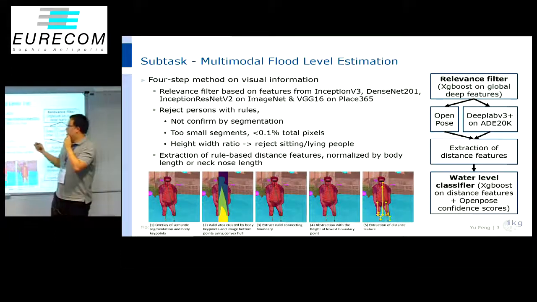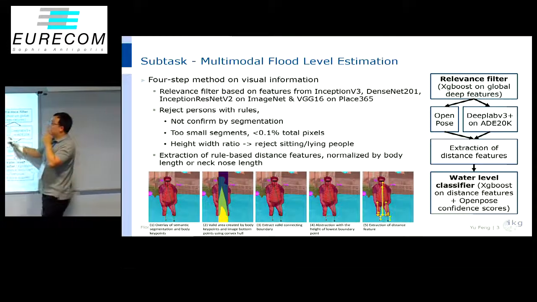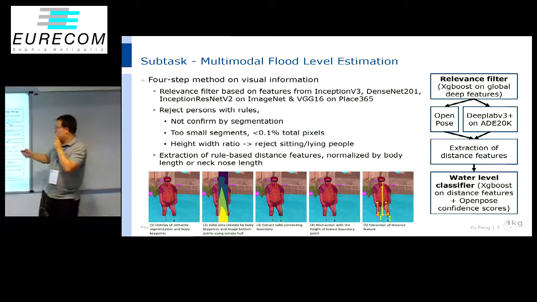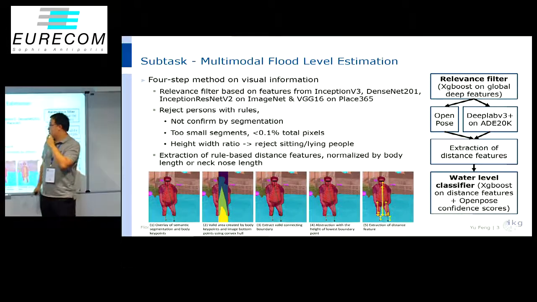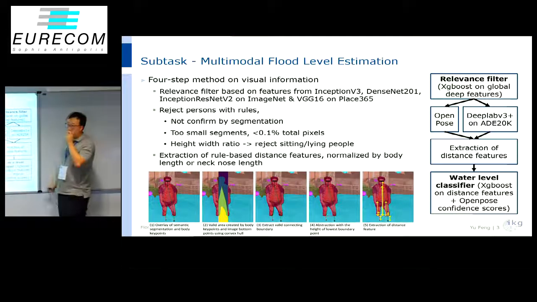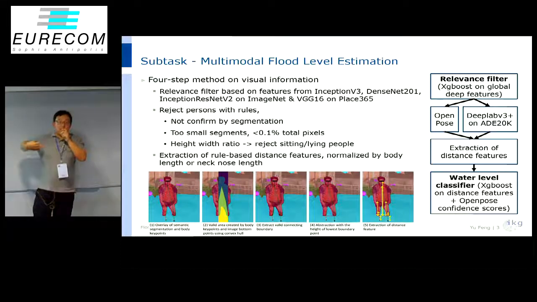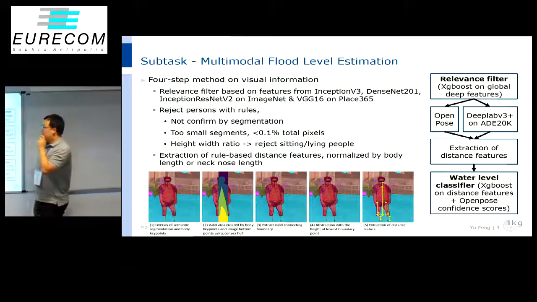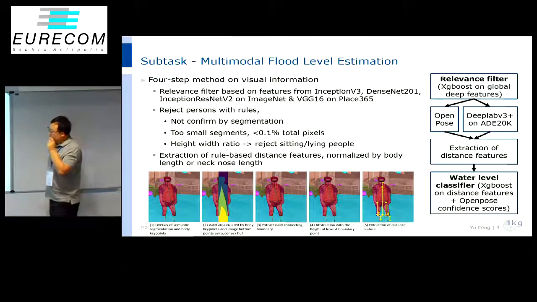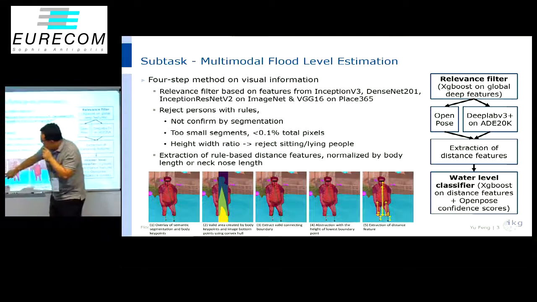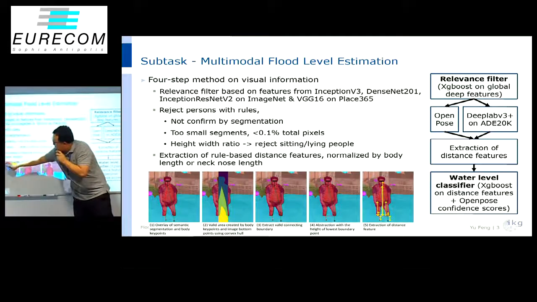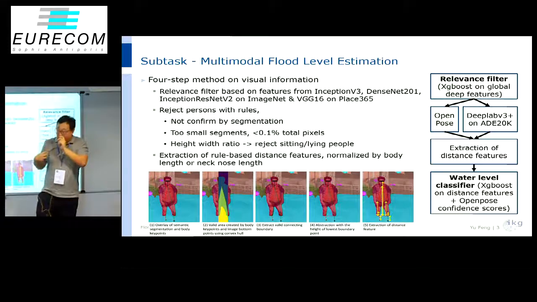For example, the OpenPose detected bodies are not confirmed by the segmentation, or sometimes the segment is too small. We also want to keep standing persons rather than sitting or lying persons. We make a slice based on the skeleton and also reject some other boundaries, maybe just on the person's back.